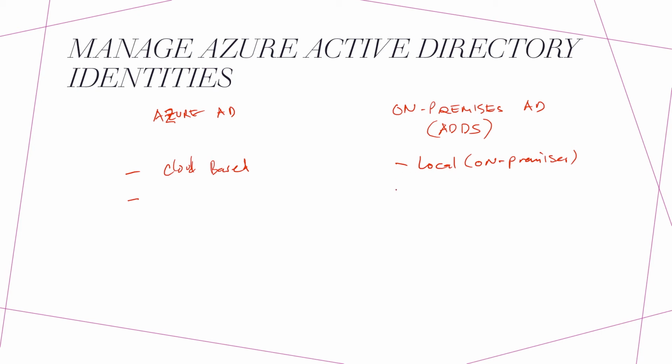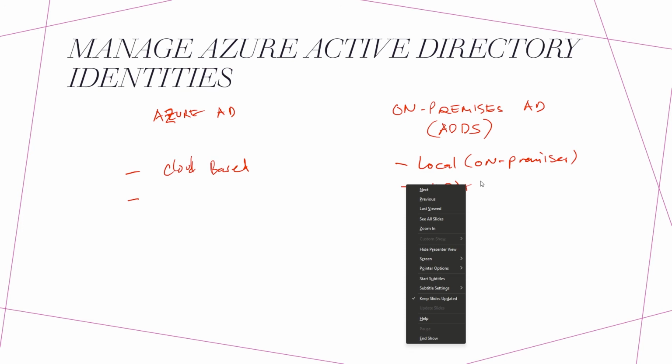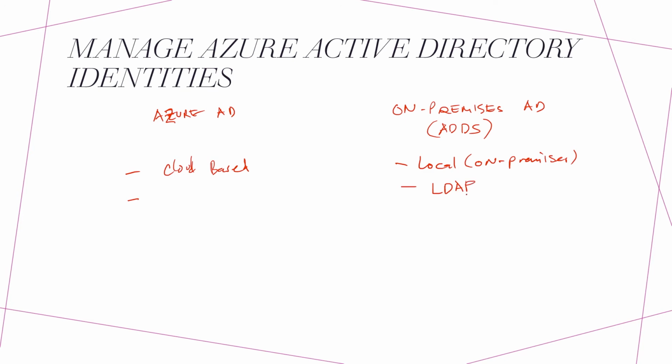If you know what LDAP is, the Lightweight Directory Access Protocol, say you have an internal application and you need to query the usernames, first names or surnames within local AD. You use LDAP for that.